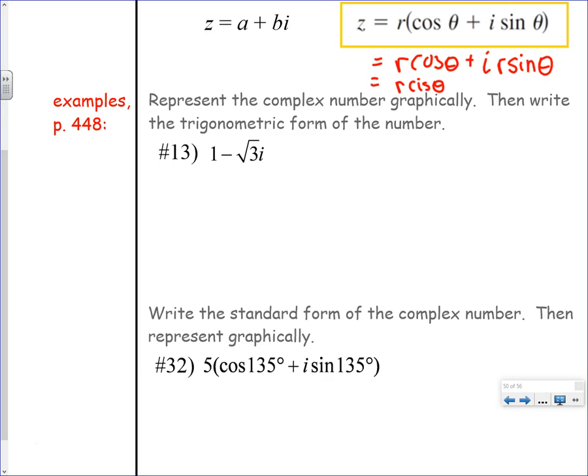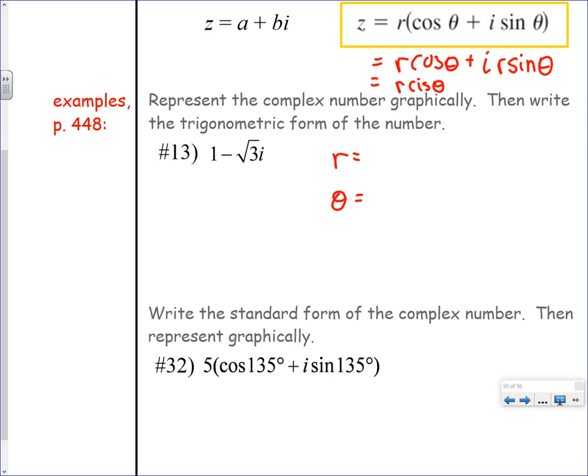Anyway, coming back. If we look at this guy, I just said he looks an awful lot like standard form, AKA there's no theta, no cosine, no sine. How could I get him in trig form? Well, I need an r, and I need a theta. How do we find an r and how do we find a theta?